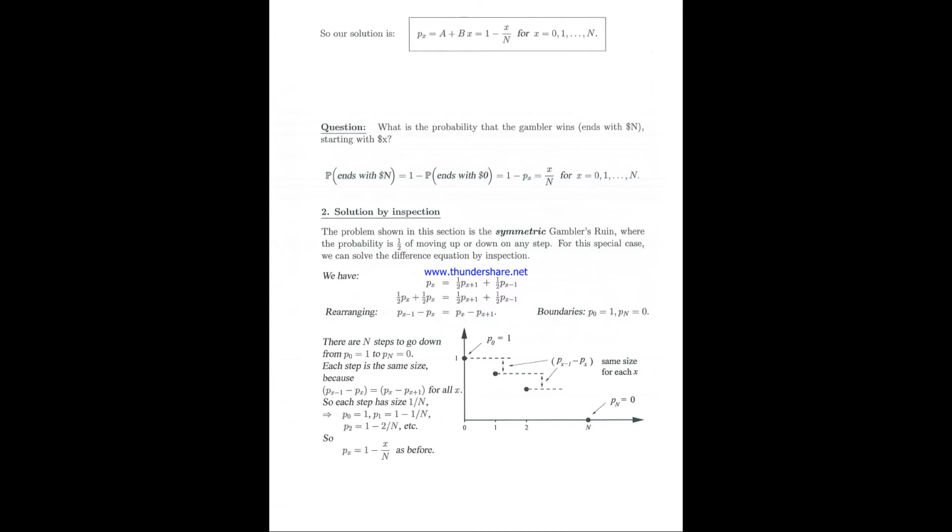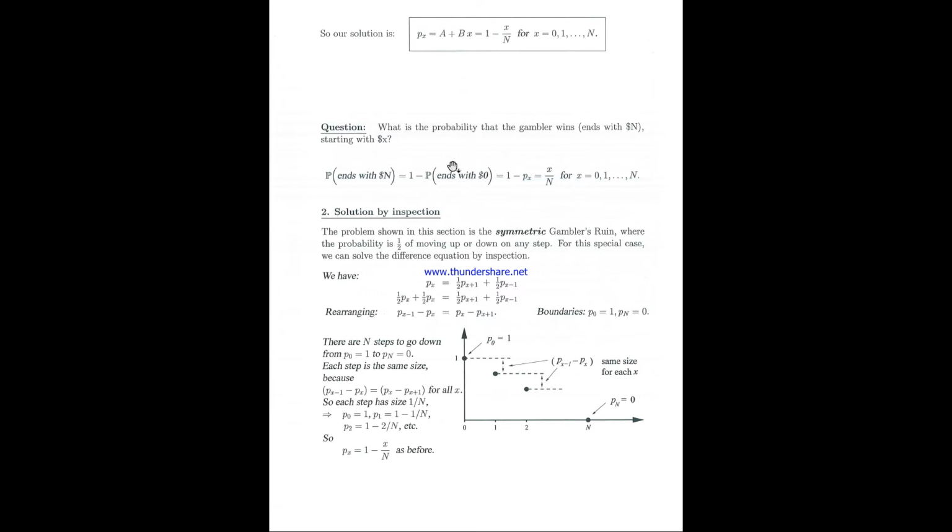If you have X amount in your hand, the probability of ruin in the game is equal to 1 minus X over capital N, right? And if you want to find the probability of the complement, that is, the probability of the gambler's win, it is 1 minus the probability of ruin that we have already found.